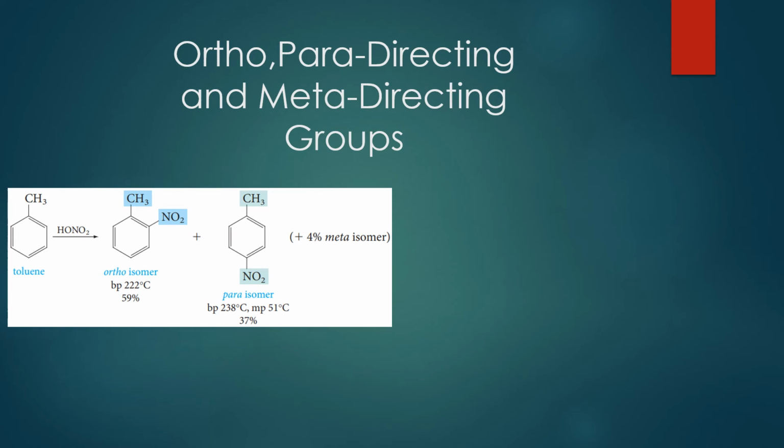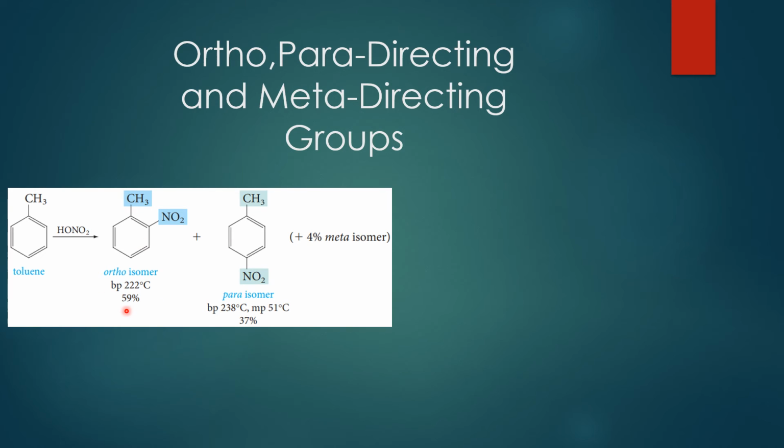For example, toluene reacts with nitric acid to give two products, the ortho isomer and the para isomer.